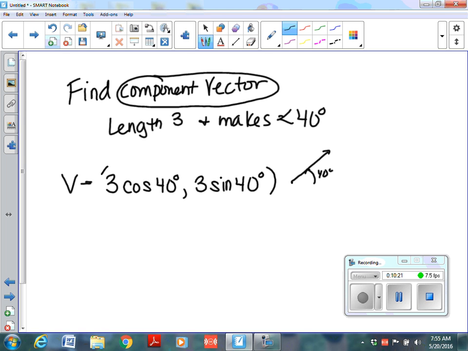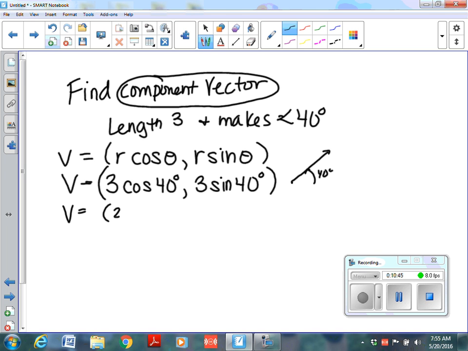I don't know if you remember this, but in trigonometry, the formula to find the x value is r cosine of theta, and to find the y value, it was r sine of theta. You're going to get more of this in the next section, but that's the formula. When you put this into your calculator, 3 times the cosine of 40, you're going to get 2.298, always go out to 3 decimal places, and 1.928. So, another way to find the component is using this formula.